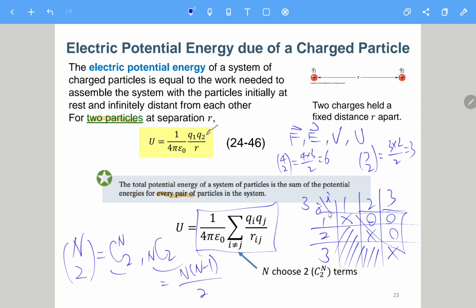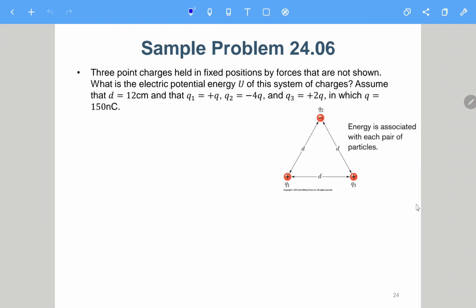And if i and j exchange, you don't count twice, which means you don't count i as 2, j as 1 and then count i as 1, j as 2 again. So you only count the upper triangle. Here, let's see a sample problem before we have a break.